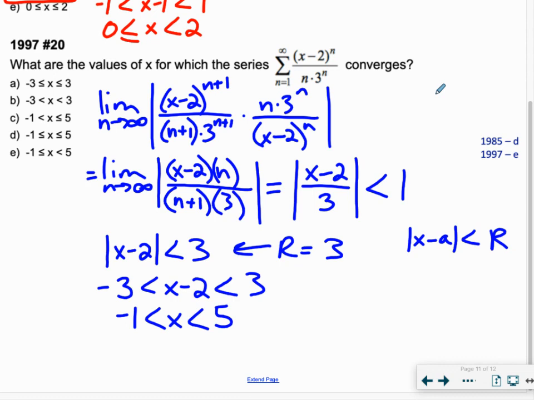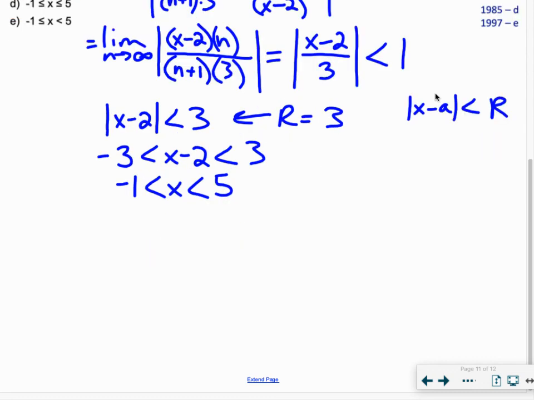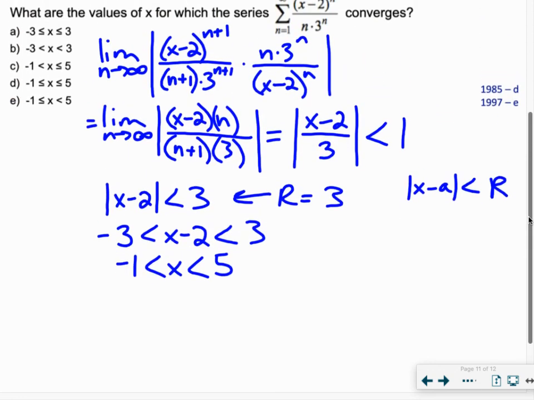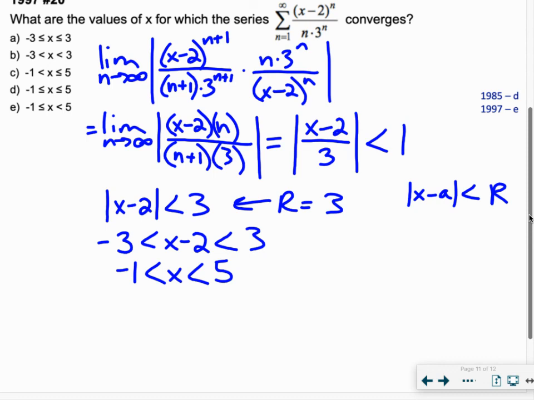So at -1, you know what? I might want to rewrite this. So let me just make this a little bit bigger. So at -1, you get the series -3 to the n over n times 3 to the n.